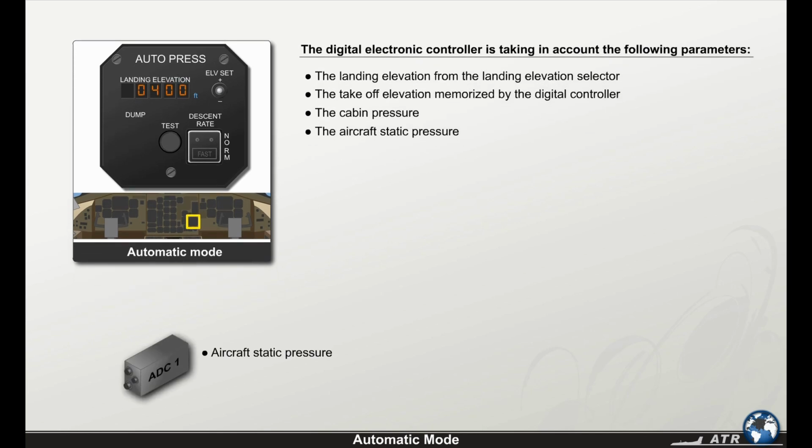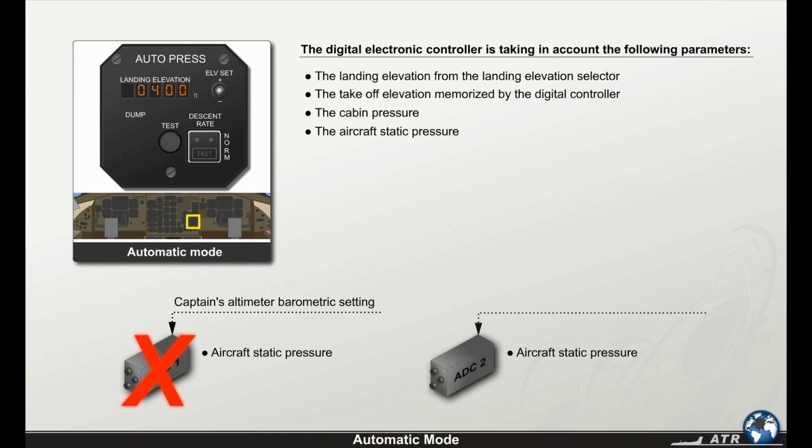The aircraft static pressure is generated by the Air Data Computer 1 and the actual captain's altimeter barometric setting, or in case of Computer 1 failure, by the Air Data Computer 2 with a 1013.2 hectopascal reference, 29.92 inches mercury.